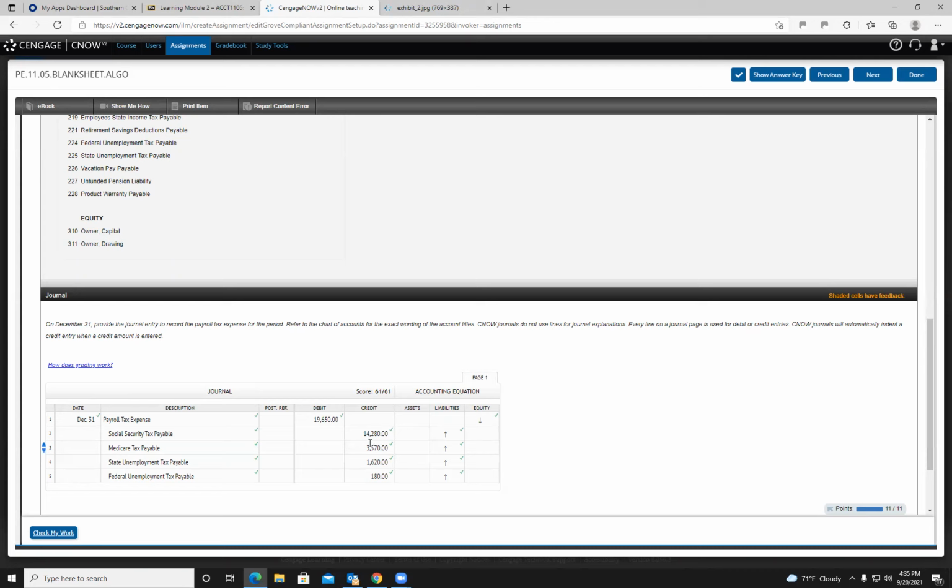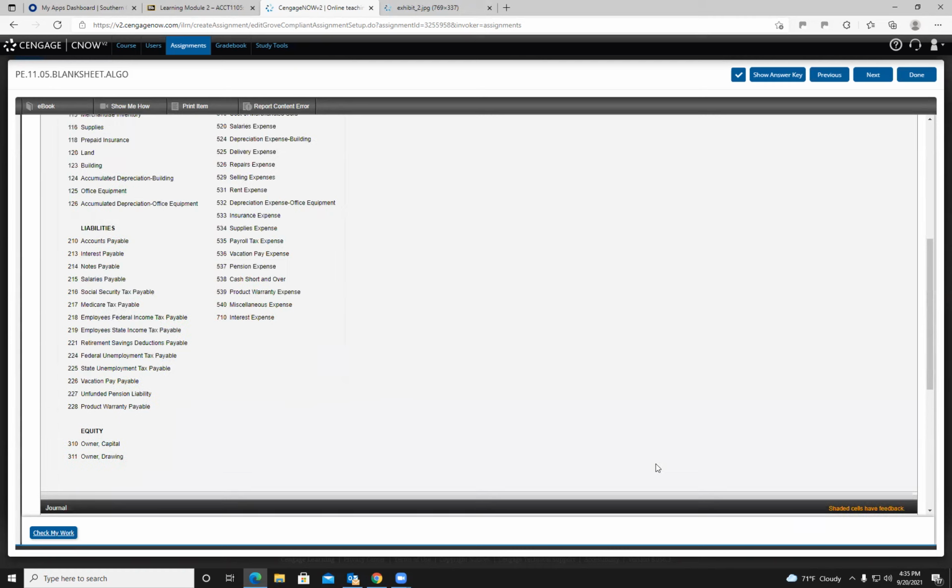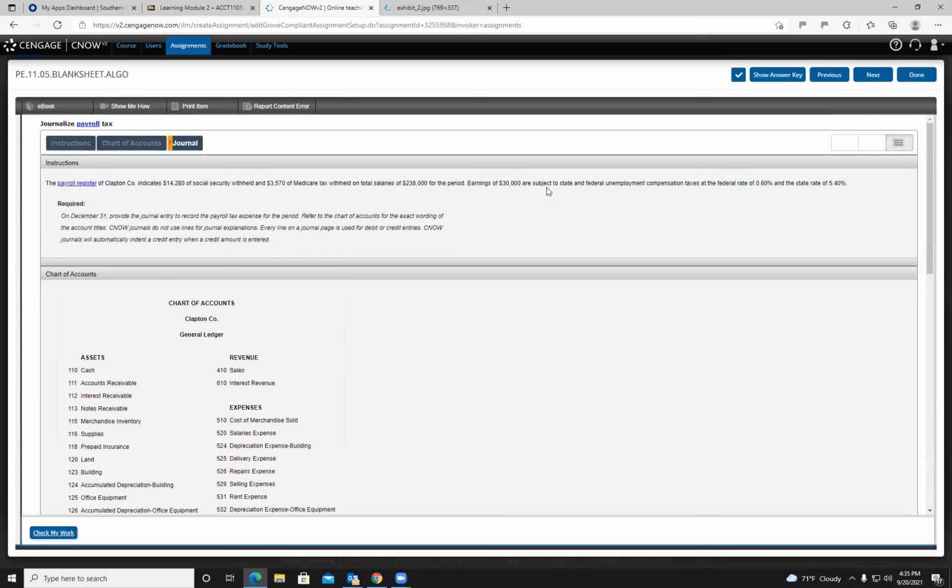So really quickly, looking at the problem again, Social Security and Medicare, we matched from what we withheld from our employees. And then the state and federal unemployment tax, they tell us is going to be multiplied against the earnings that are subject to the federal unemployment compensation. Now, again, determining what amount is subject to the unemployment tax is a different calculation that's not going to be covered in this chapter.